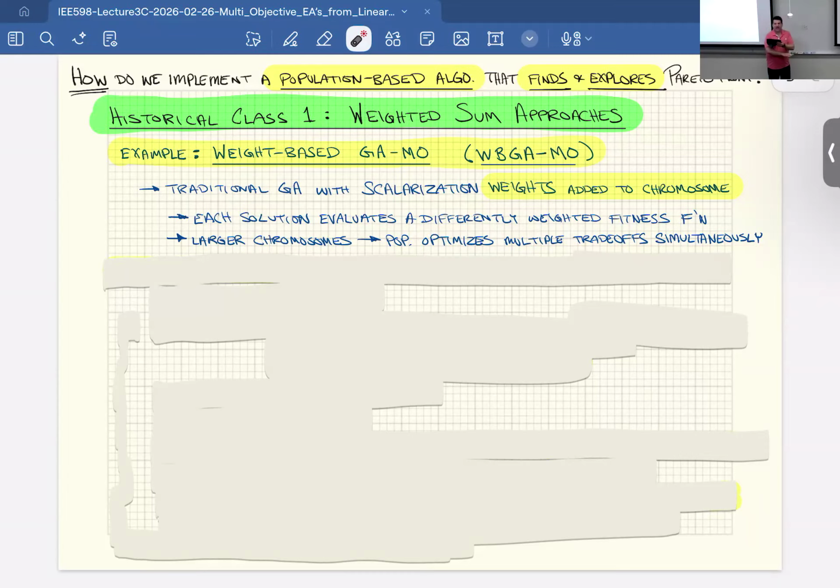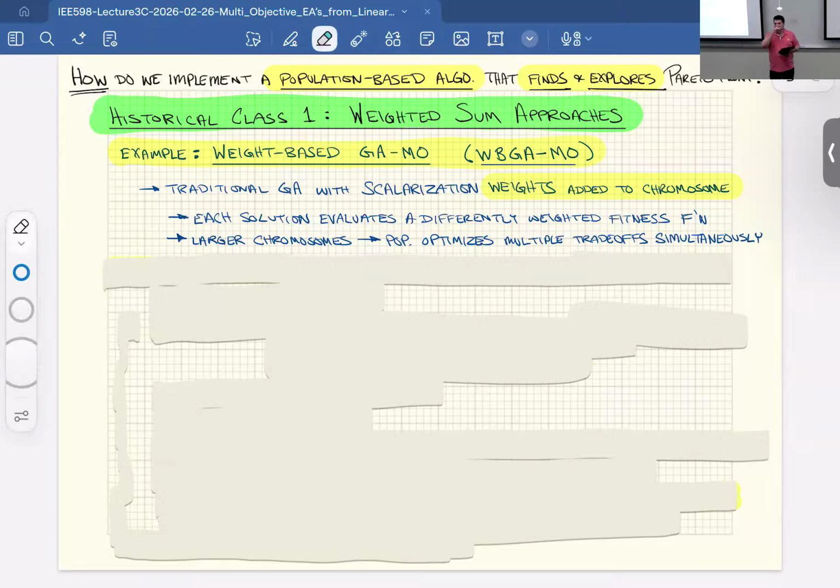And because you've got crossover and mutation, you just get a diverse mixture of combinations of fitness throughout the population. So that was one approach. Any questions about that? There's not really a lot of innovation there. We're just going to make the chromosomes larger and put the weights in the chromosomes and then just let a normal GA do it. All of these have some success, but that didn't do a great job at covering the Pareto frontiers very well.